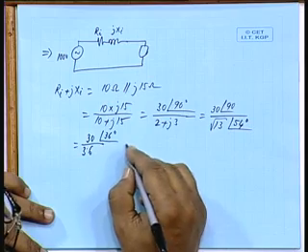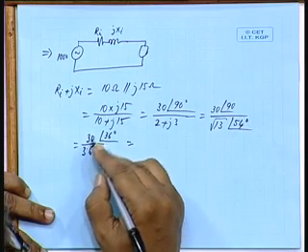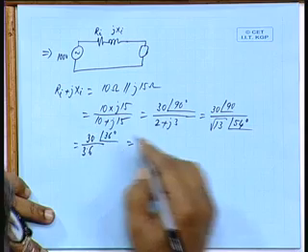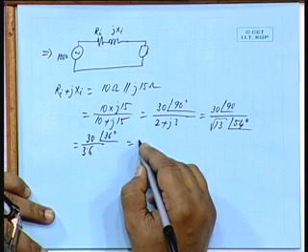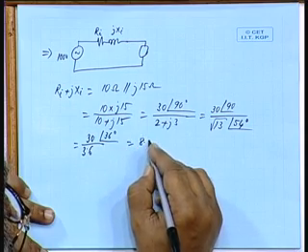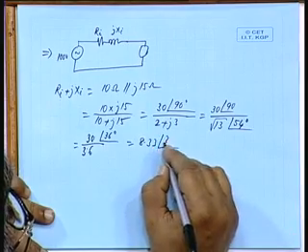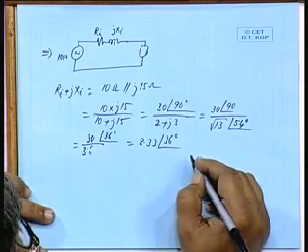30 by 36 is nothing but 5 by 6. After a change of decimal it will be 50 by 6, 8.33, and an angle of 36 degrees. Still you can simplify.